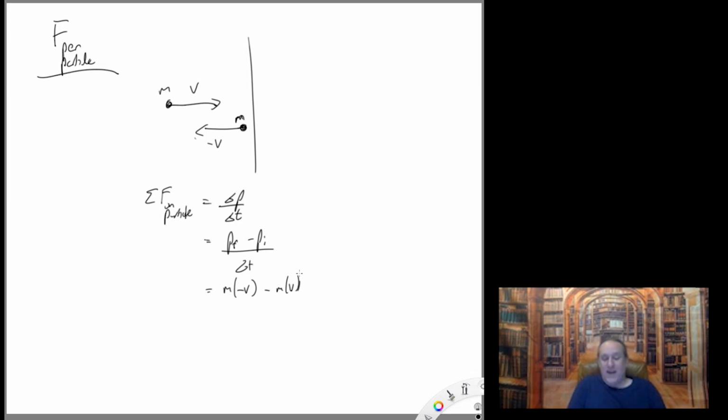So my P final has a negative v, the way I drew my picture, and all of that is over delta T, and this just gives me a minus 2mv over delta T. So that's the net force on the particle.